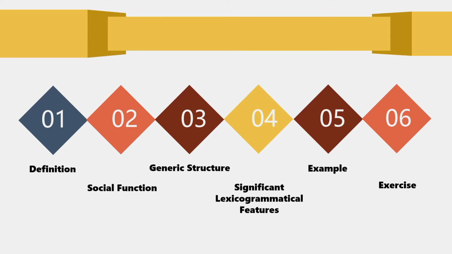Number 3 is generic structure. And number 4 is significant lexicogrammatical features. Number 5 is example of an analytical exposition. And number 6, the last, we have an exercise.